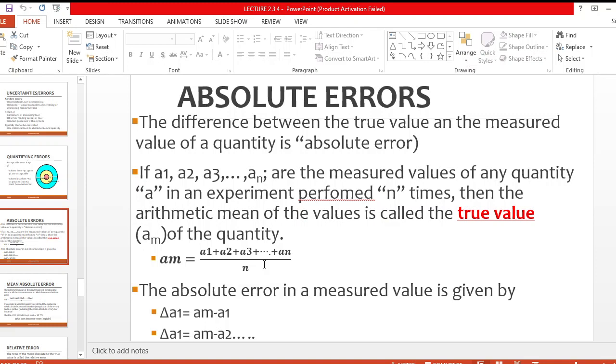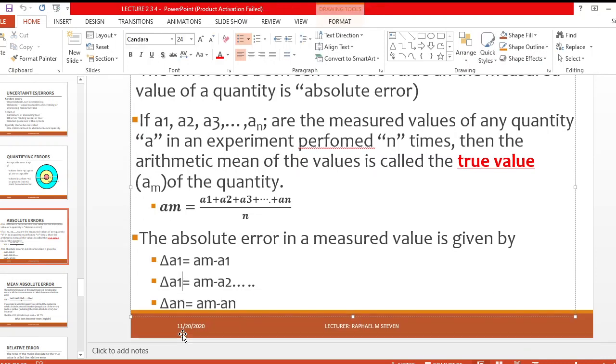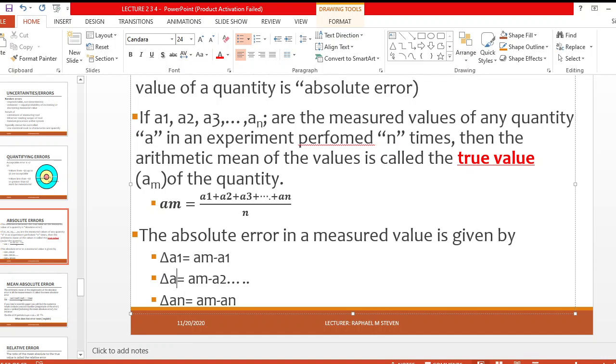Then to find the absolute error in the measurement, we said you find the absolute error for each and every measurement. For A1 you find the absolute error, for A2 also, up to AN.